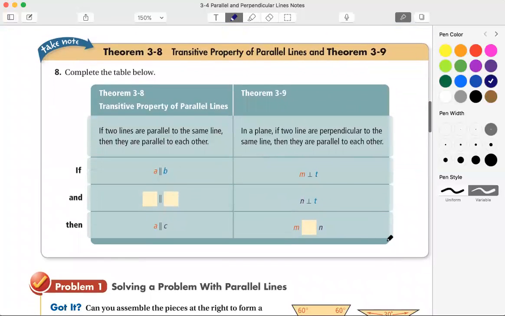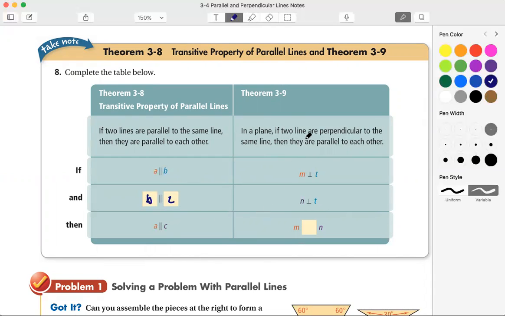So, theorem 3-8, transitive property of parallel lines, and theorem 3-9. So we're going to complete the two charts here. So, theorem 3-8, transitive property of parallel lines. If I know two lines are parallel to the same line, then they are parallel to each other. So if A is parallel to B and B is parallel to C, then I know A must be parallel to C. Similarly with perpendicular.